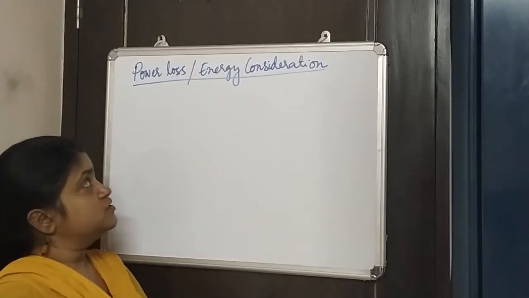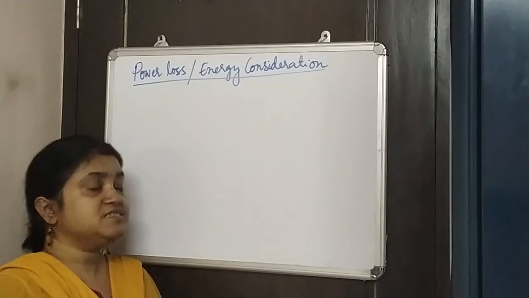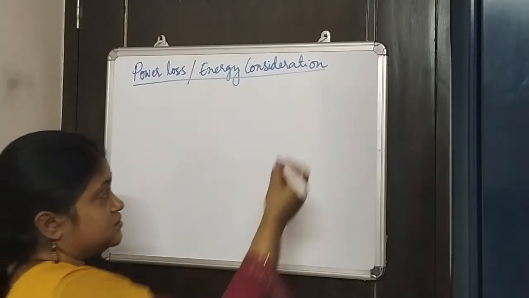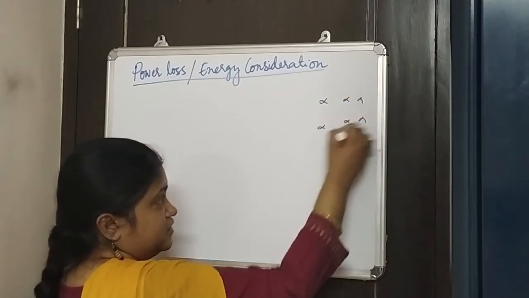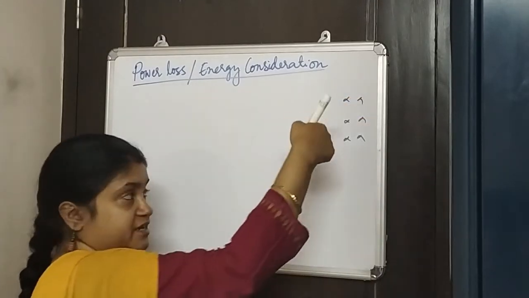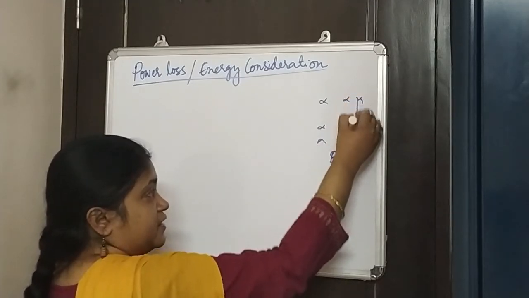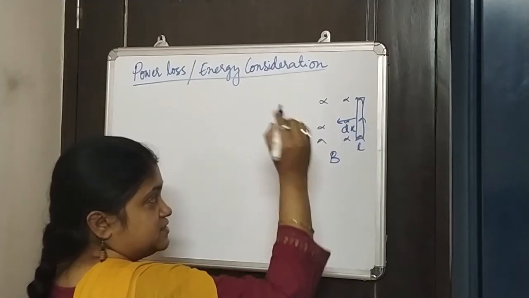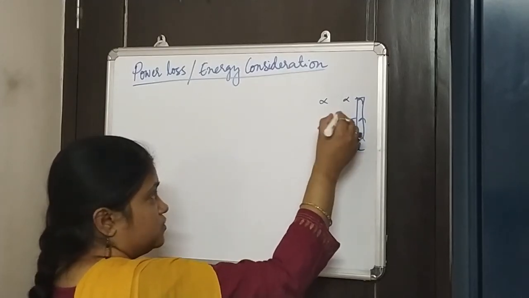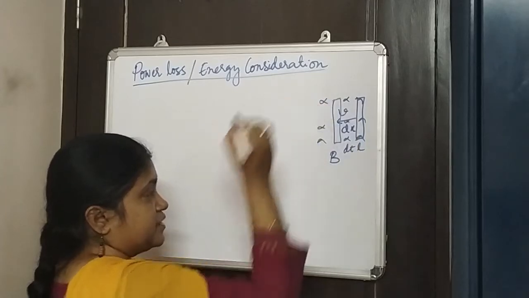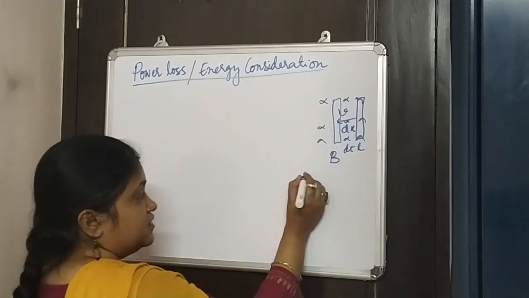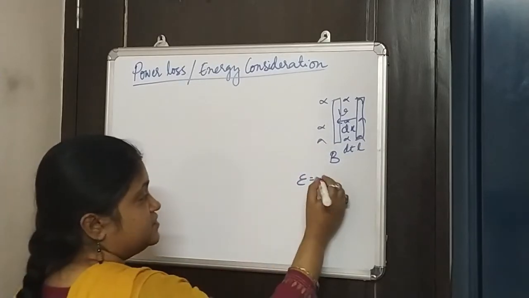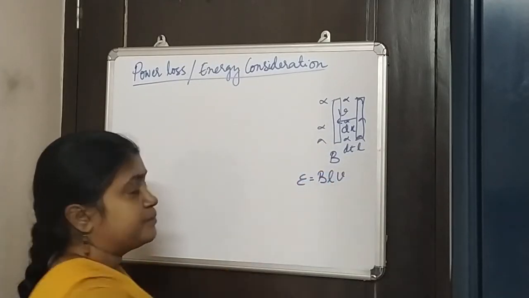Now coming to the power loss or energy consideration in motional EMF. Suppose you have a magnetic field into the board, and a rod of length L being moved with a velocity v. Then the motional EMF is B into L into v.